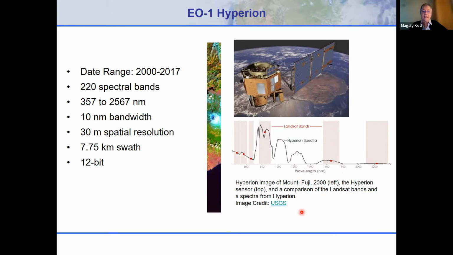And here we are seeing a comparison between Landsat, which has only, I think, 6 optical bands, and Hyperion, which has 220 spectral bands. So the big difference is between a sensor that captures light in 220 very narrow spectral bands, and Landsat, which captures light in only 6 very broad bands.